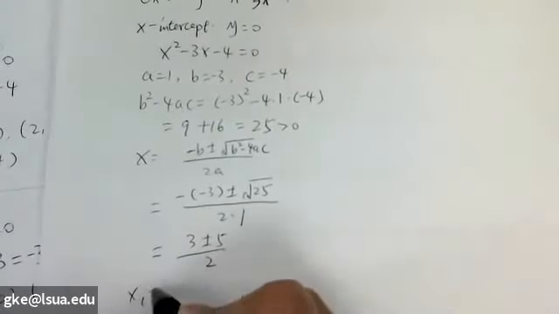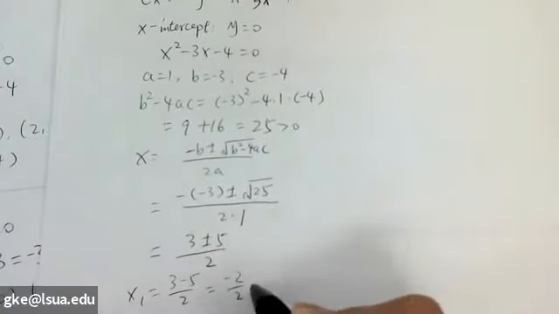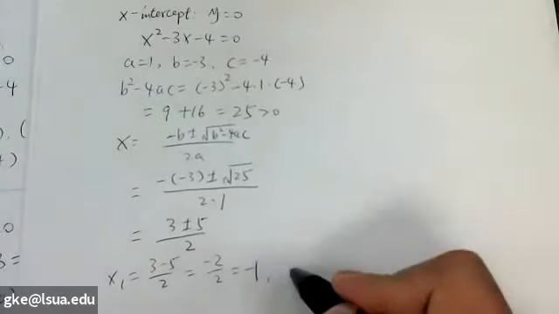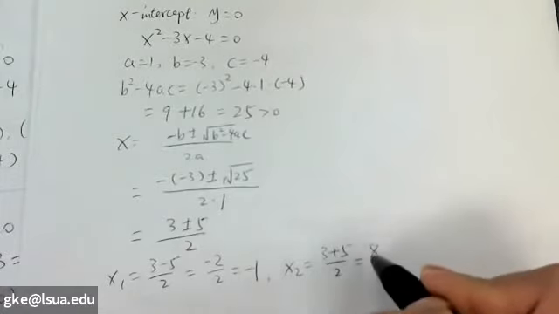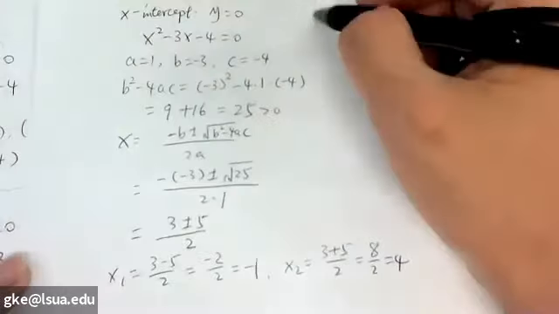Now, x1 is 3 minus 5 over 2, which is -1, and x2 is 3 plus 5, 8 divided by 2, which is 4. Okay, we have the 2 x-intercepts.